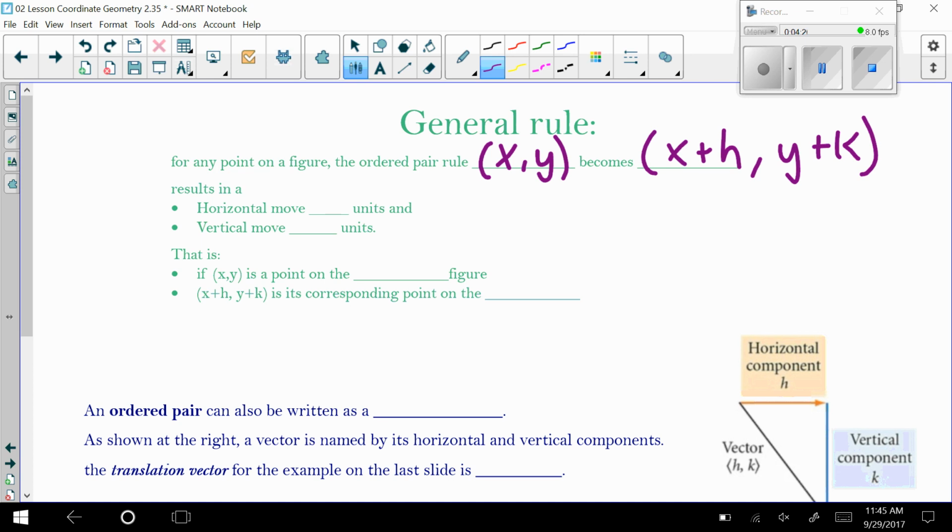That results in a horizontal move of h units, so you're adding to the x-coordinate, that's horizontal, and a vertical move of k units, you're adding to the y-coordinate, that's vertical. So if xy is a point on the original figure, then x plus h, y plus k is the corresponding point on the image.